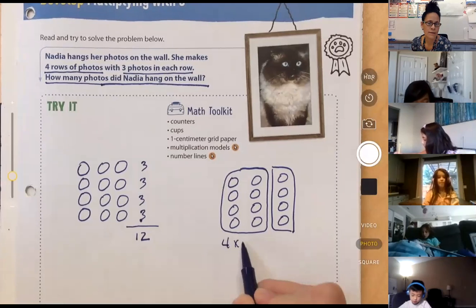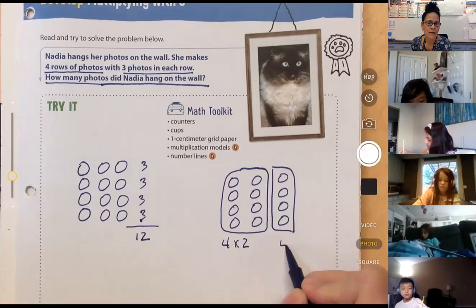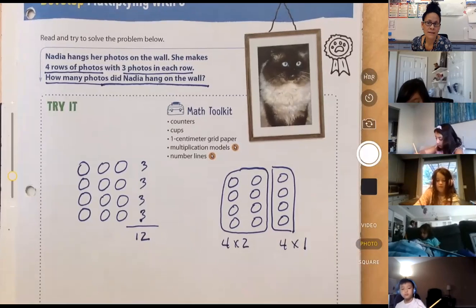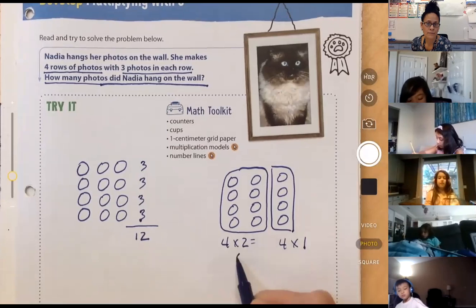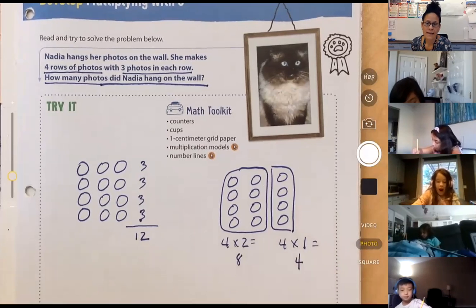So you will see that the multiplication sentence for the first array will start with 4 times 2. The second array, that grouping there is going to be 4 times 1. The product for the first grouping is 8. The product for the second grouping is 4.